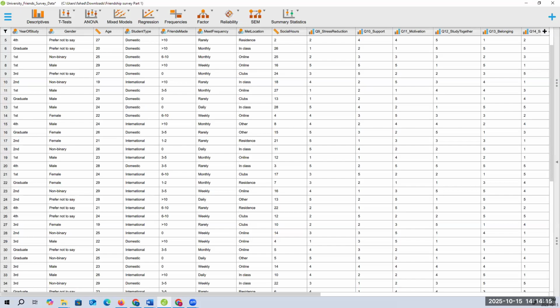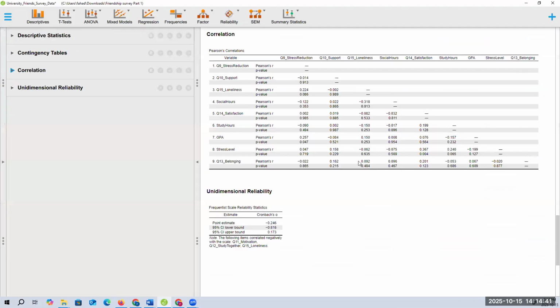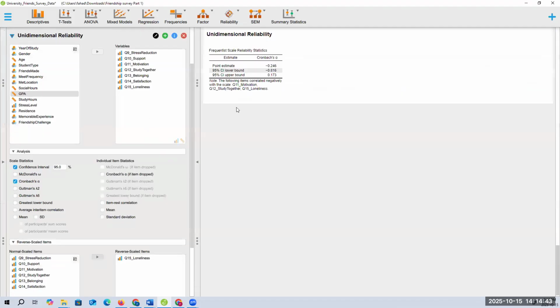So that means that we don't have internal consistency of the friendship and well-being scale. So yeah, it would be unidimensional. So it seems I have a poor reliability for my data in terms of those nine items.